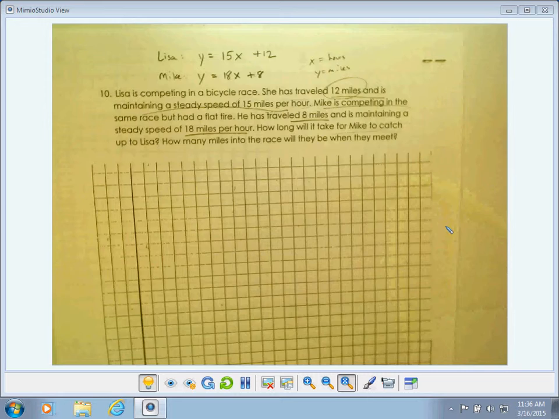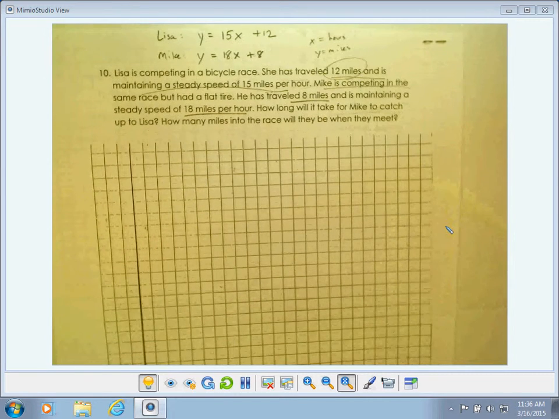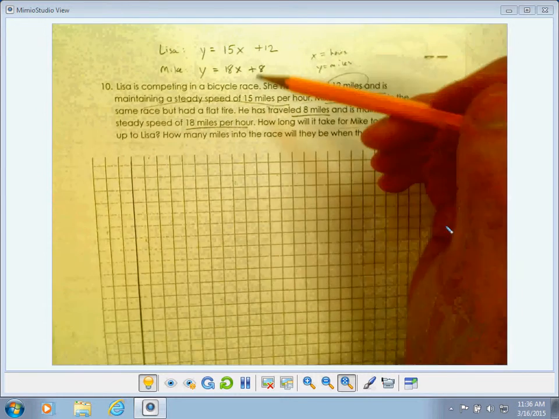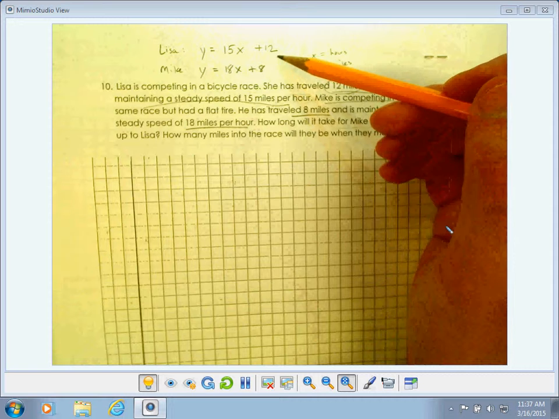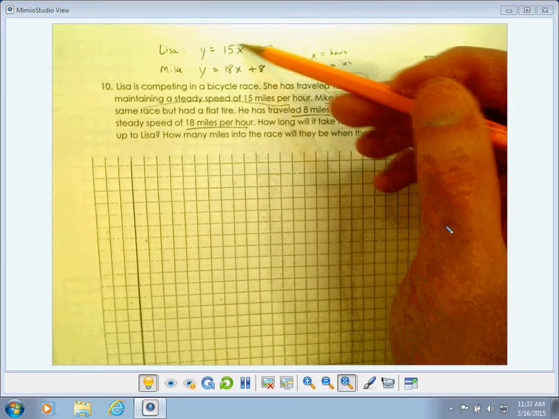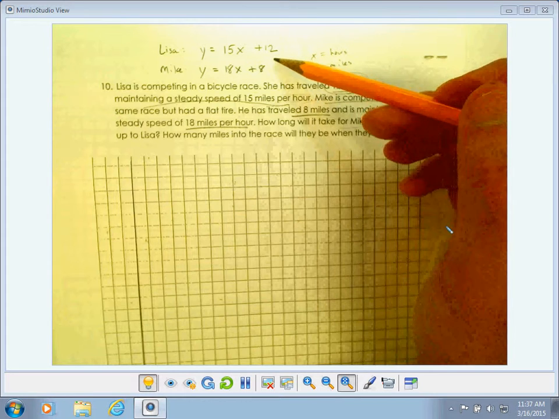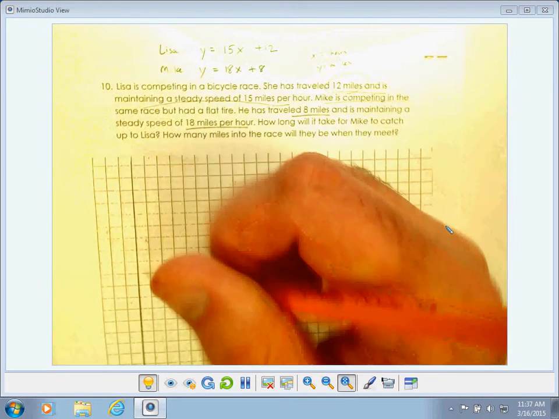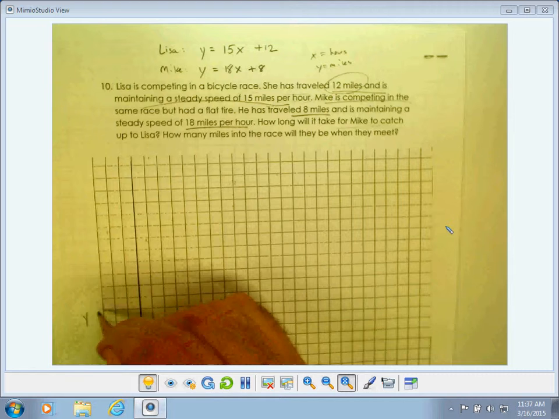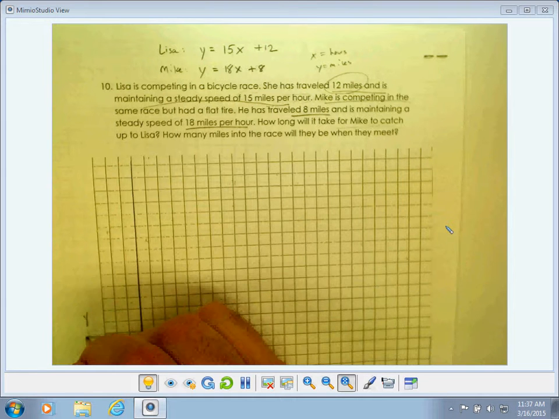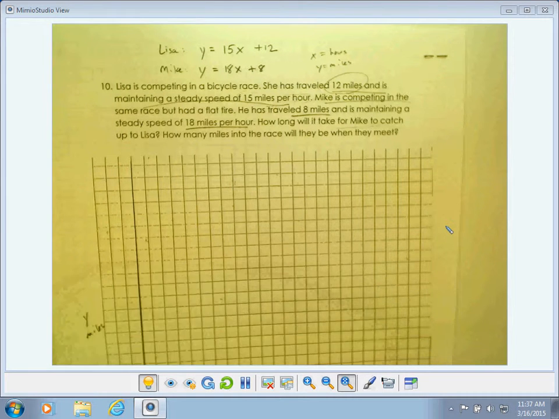Okay, so let's go to the graph. Looking at the equations we have to graph, maybe we ought to consider doing them by twos because of how much change they're going to have and because of how big these start. So I'm thinking that maybe we should do the y-axis in twos. The y-axis is miles. We'll make it by 2.